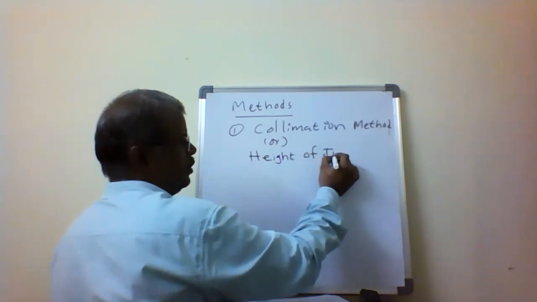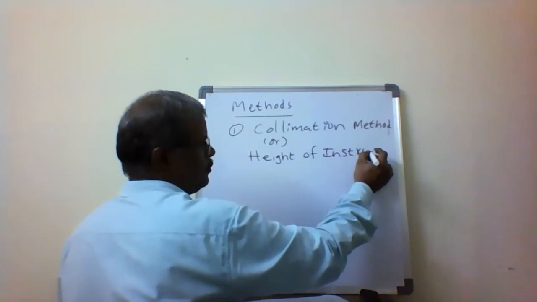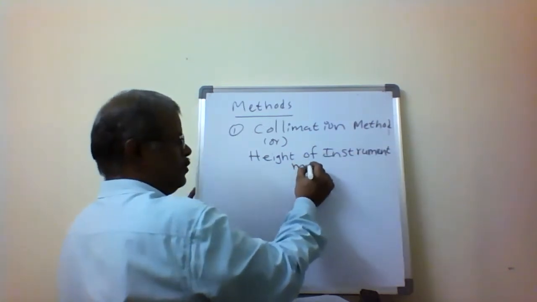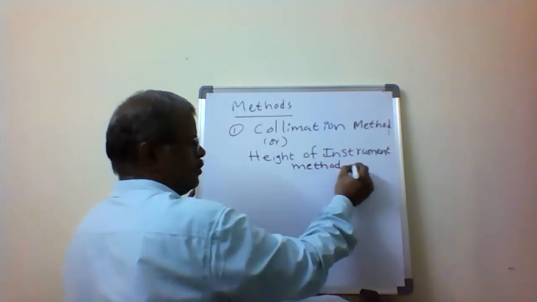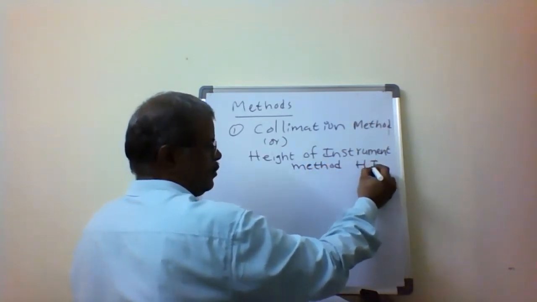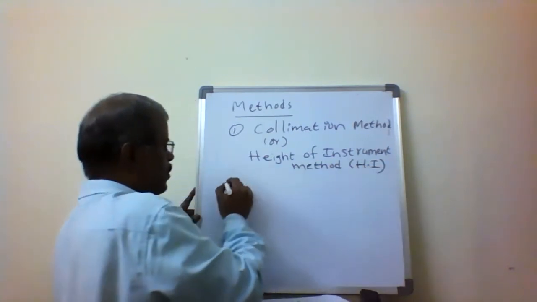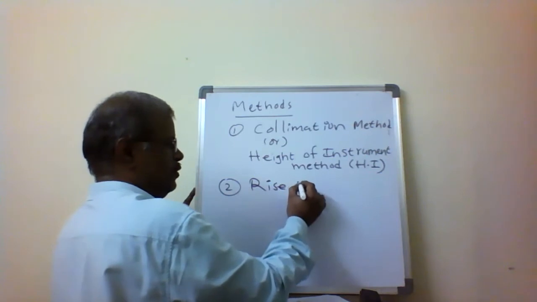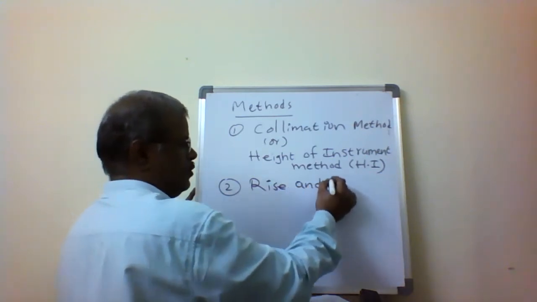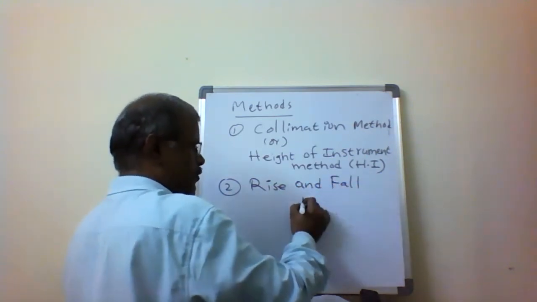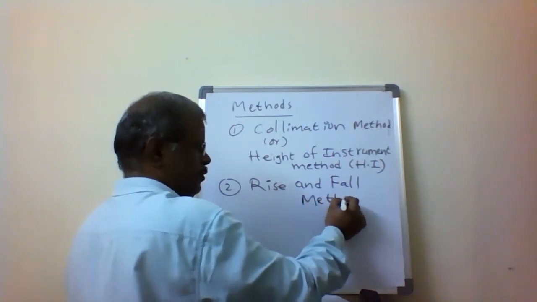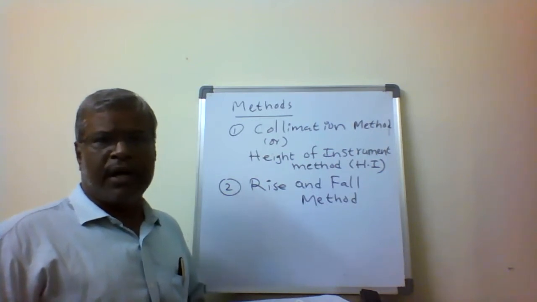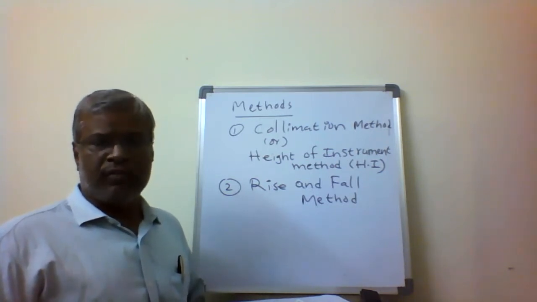The second one is the rise and fall method. So one is the collimation method or height of instrument method, the HI method. The second one is the rise and fall method.